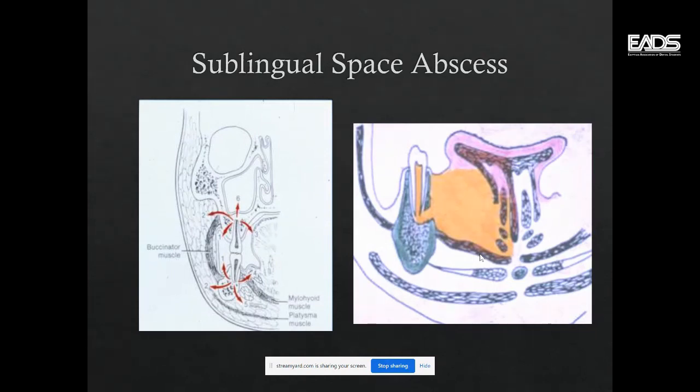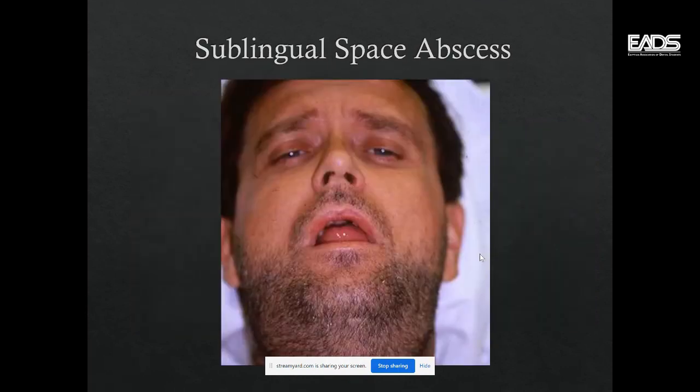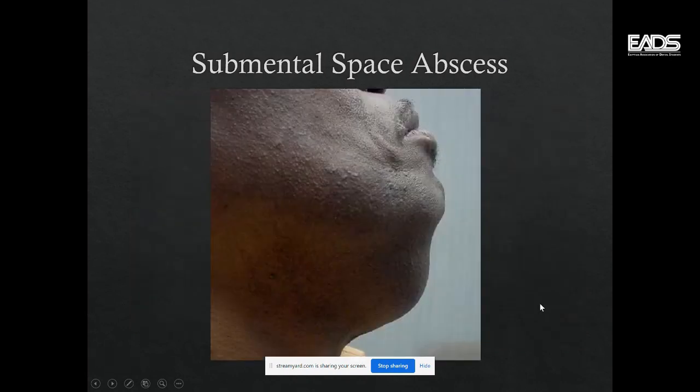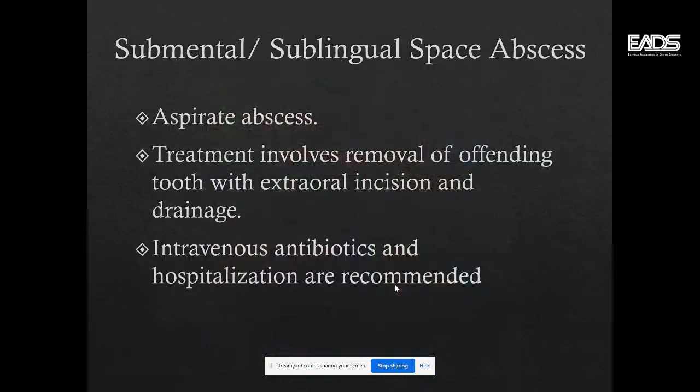This is how it looks like, and the tongue is elevated, as you can see on this patient. This is the mylohyoid muscle, which actually is underneath the abscess that comes from the anterior mandibular teeth. This is another example of a patient with a sublingual submental space infection.